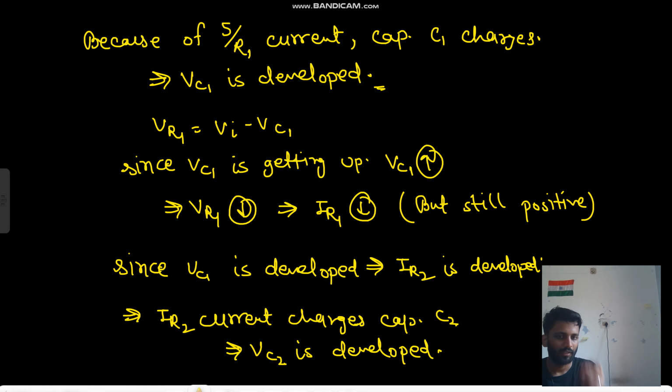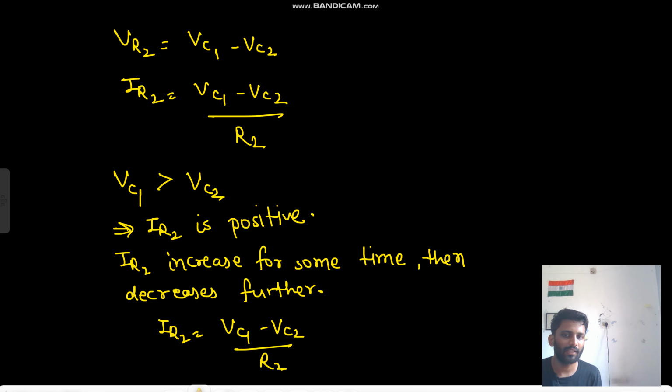So from t equals to 0 plus only, your IR1 is always decreasing, and since VC1 is developed, because of that some IR2 current is developed. And since that IR2 current is developed, first the IR2 current will increase for some time, and after that it will decrease. Okay, why so?